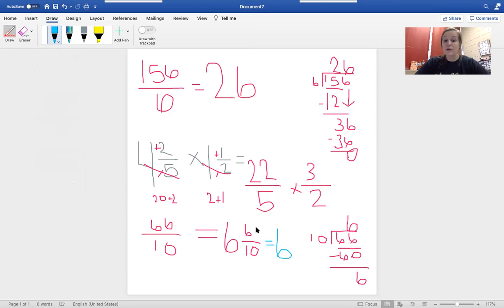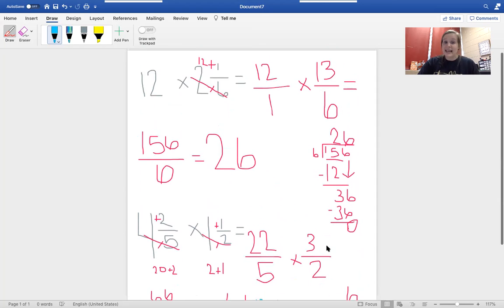That's right, guys. They're both even. So you know that you can divide the top by 2 and you can divide the bottom by 2. So what is 6 divided by 2? 3. And what is 10 divided by 2? 5. So your final simplified or final reduced answer would be 6 3/5.